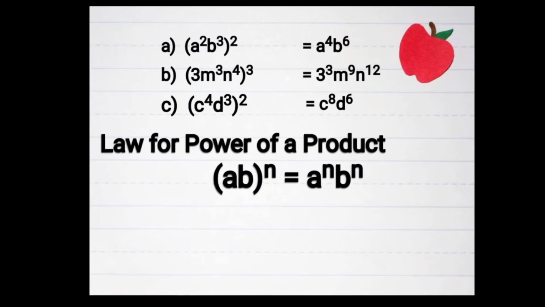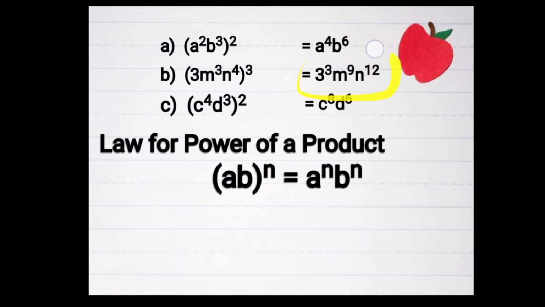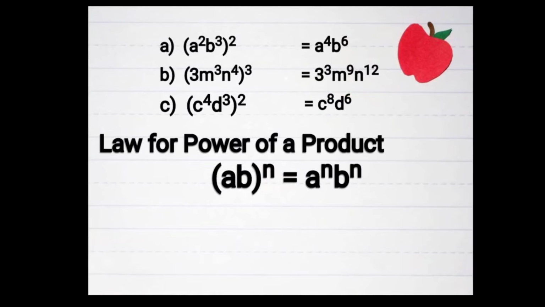That's why we have n raised to 12. This will be our answer, but for the final answer you have to simplify 3 cubed, and that is 27. So 27 m raised to the 9th power times n raised to 12 power.